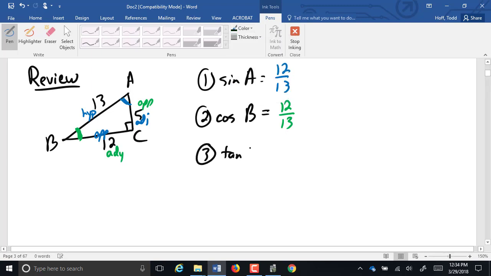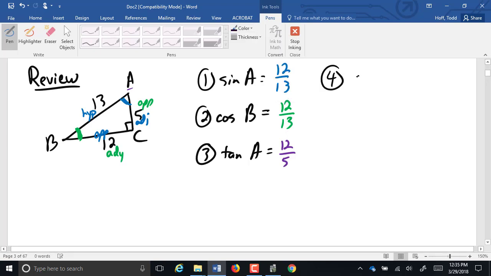How about the tangent of angle A? Tangent's opposite over adjacent. Which one's opposite now if we're looking at angle A? The 12 over the 5.